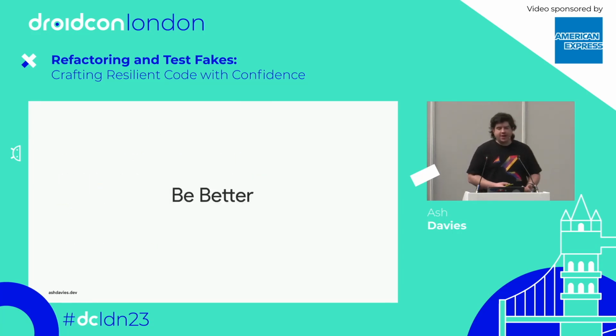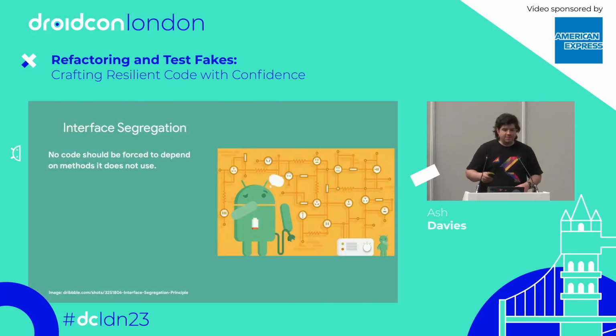Like Kotlin encourages us to use better practices by making poor decisions more uncomfortable, we can use better practices to make better decisions and better interfaces. So you might have heard the concept of interface segregation. Now, of course, SOLID design principles is a bit of a tired trope, but it's still relevant today. You might have a huge interface that you need to mock.